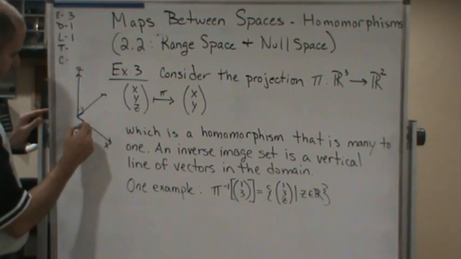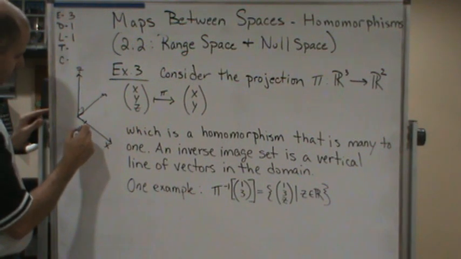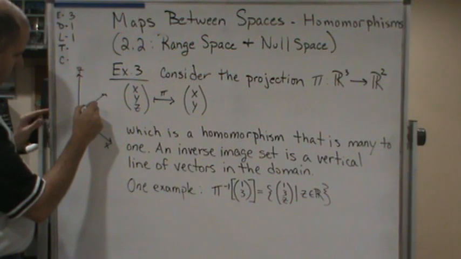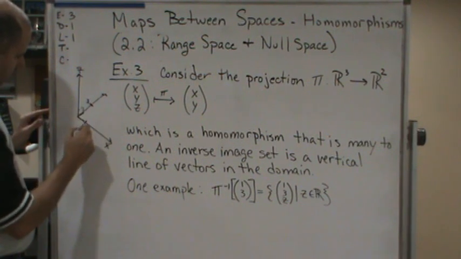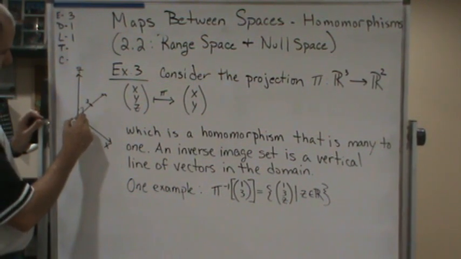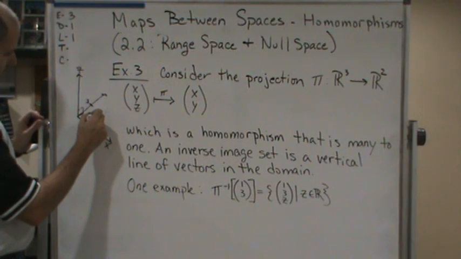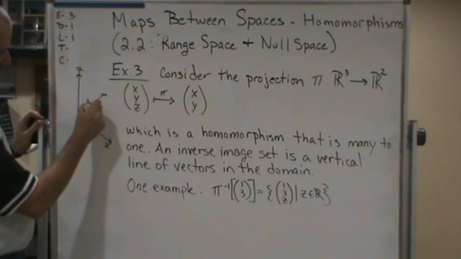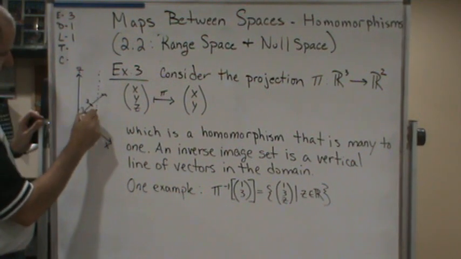Let's say we're at 1 and 3 here, right about here on this plane is a dot, and we're going up in the z direction.